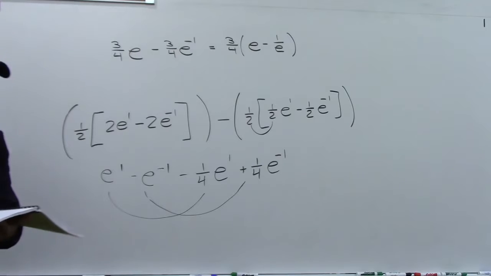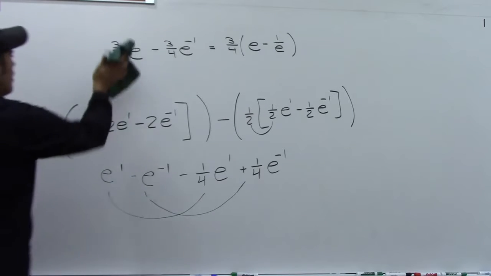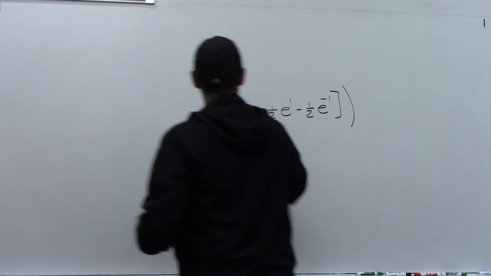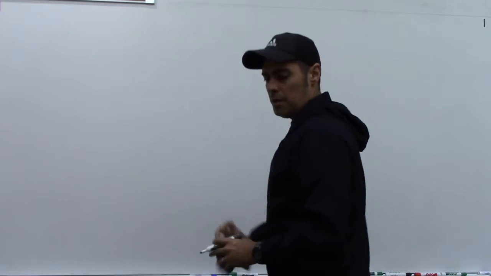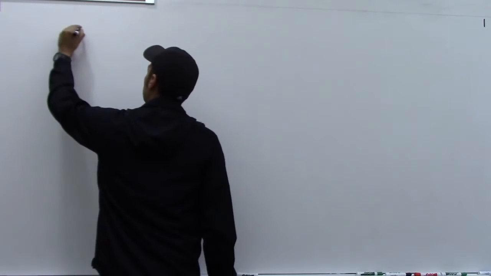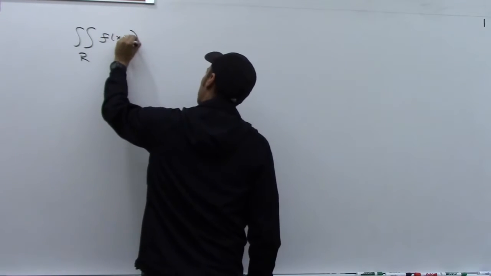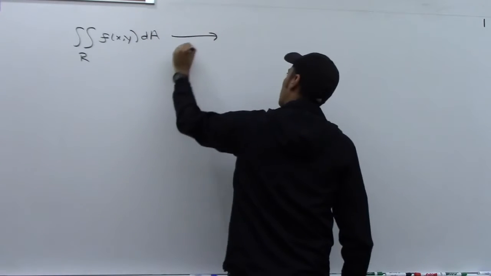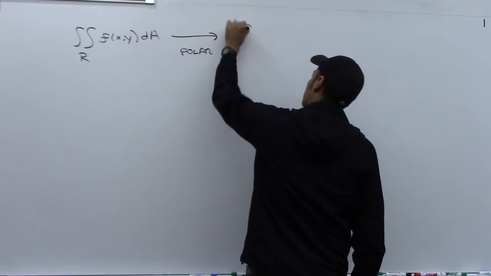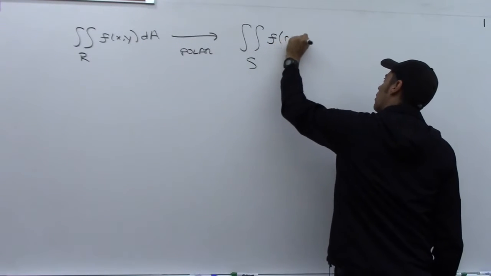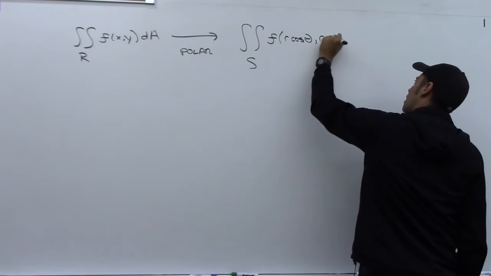So I do a couple of these on homework, but now I'm going to take a little bit more time. I want to show you where, if you recall, whenever we were doing conversions from Cartesian to polar coordinates, if we had a double integral over some region R of f of x, y, dA, and we wanted to go to polar, we would go double integral over some region, I'll call it S, f, and what we did is we replaced x with r cosine theta and y with r sine theta.